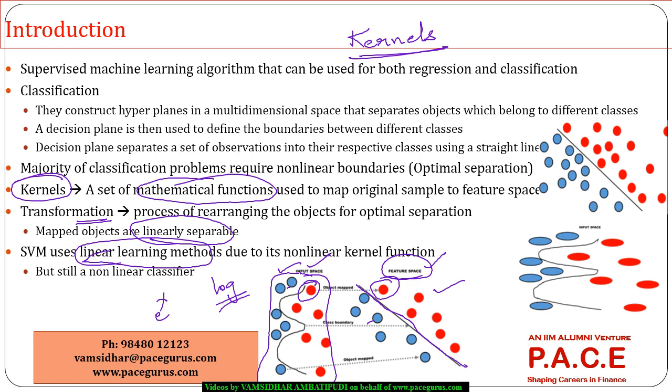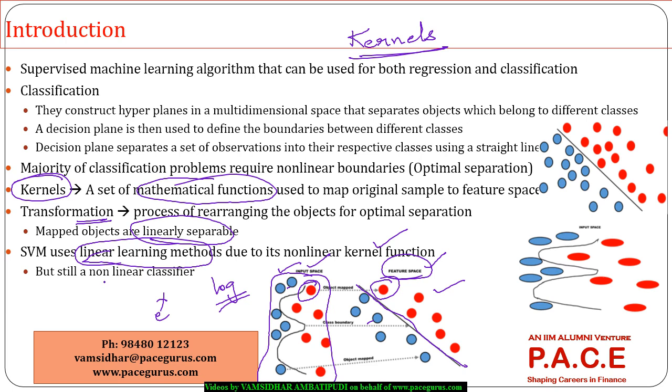Initially, the data has a nonlinear relationship. It has applied its nonlinear kernel function, and using that nonlinear kernel function, it has transformed the variable values in such a way that it can do a linear learning method on that set of values.